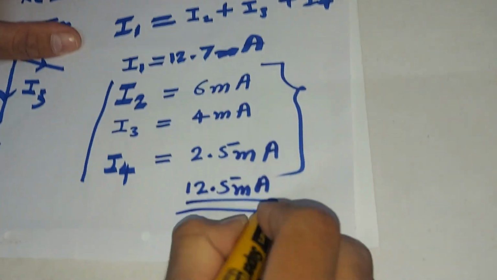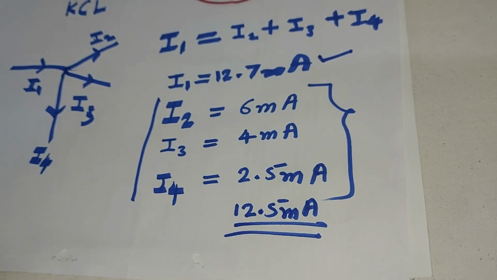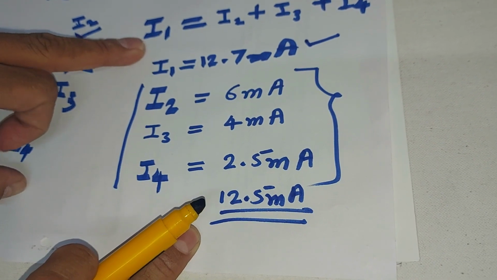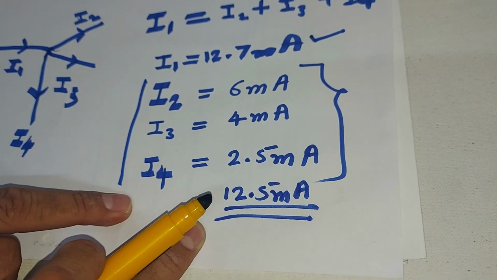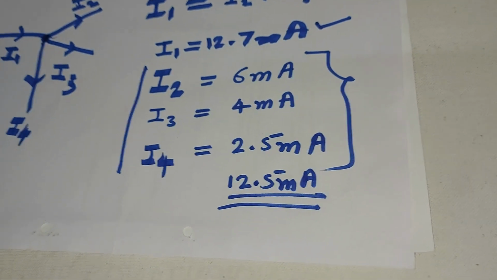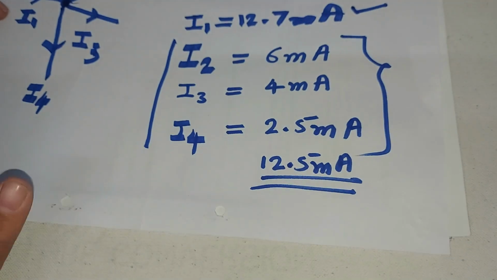We can see that I1 we have measured is 12.7 milliampere. So they are approximately the same. That means I1 is equal to I2 plus I3 plus I4. That means for this particular node, we have verified Kirchhoff's current law. So this is all about Kirchhoff's current law.